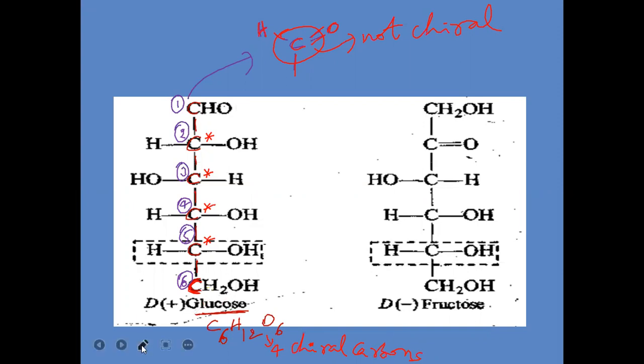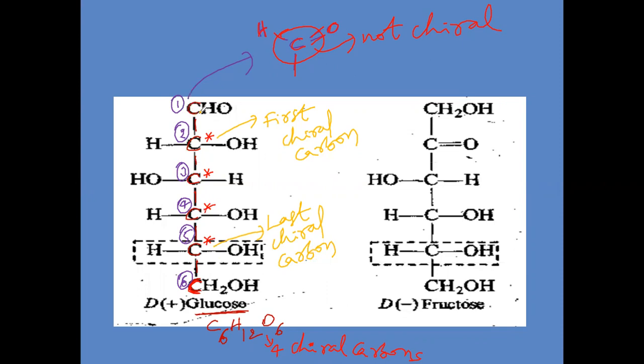Next thing, try to understand. This is the first chiral carbon, and this one is the last chiral carbon in the glucose molecule.